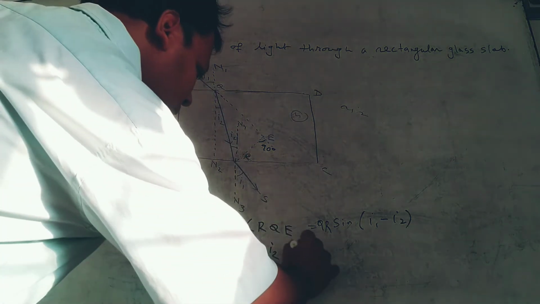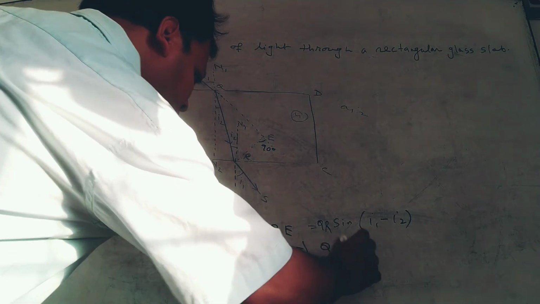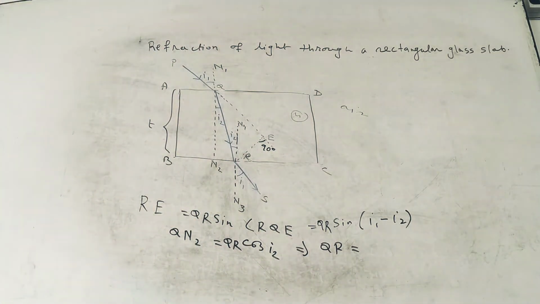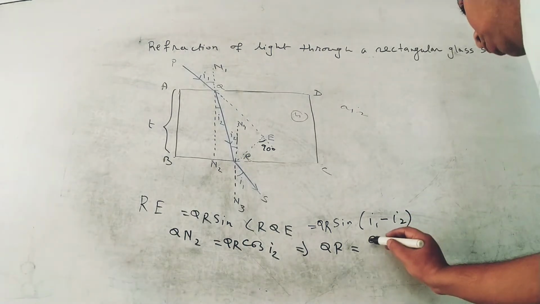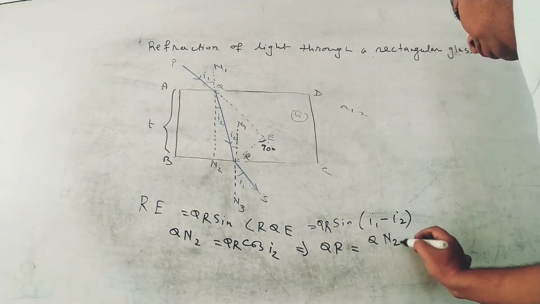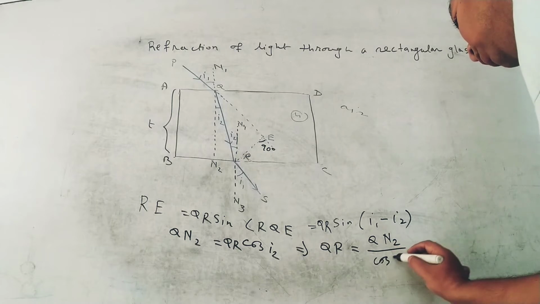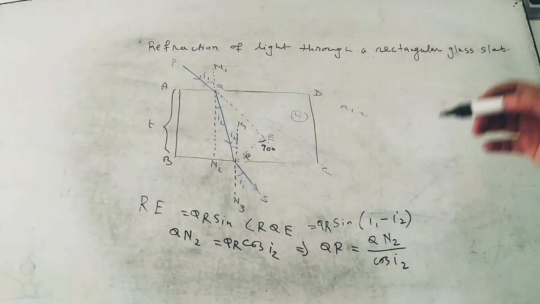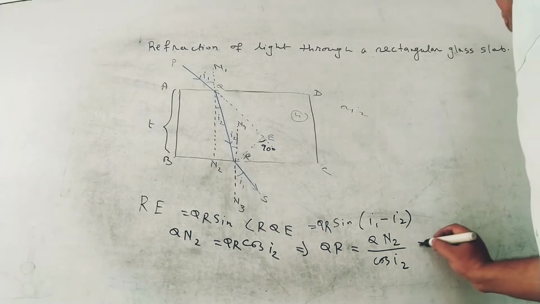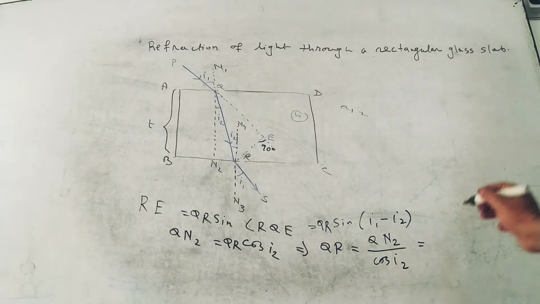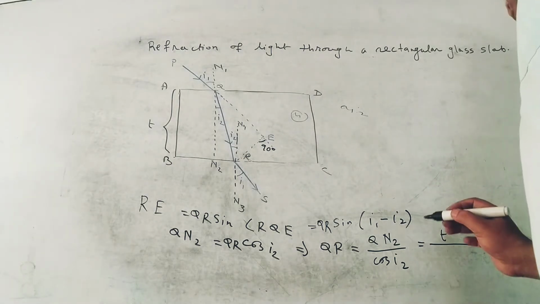This gives QR is equal to QN2 by cos I2, where QN2 is equal to the thickness T of the glass slab.